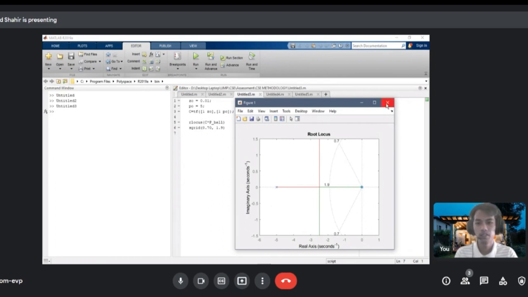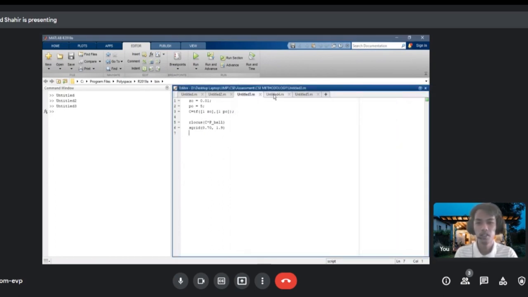Okay, next, selecting the gain. Now we have moved the root locus into the left-hand plane. We may select a gain that will satisfy our design requirement. We can use the rlocfind command to help us do this. Add the call to the end of the M file.